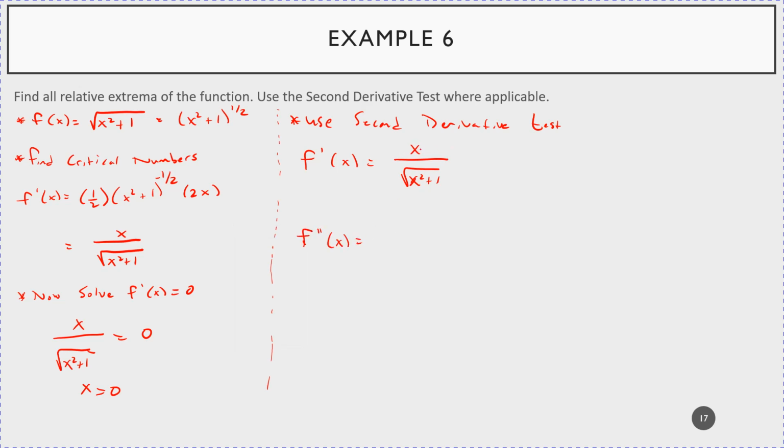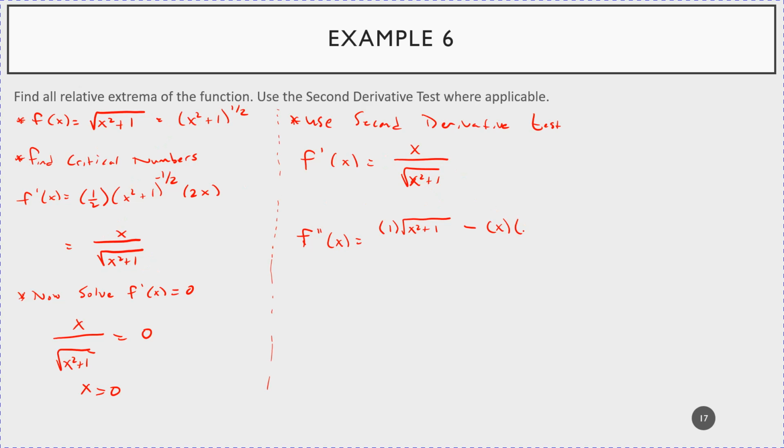So it's the derivative of the numerator, which is 1, times the denominator, which is the square root of x squared plus 1, minus the numerator times the derivative of the denominator. Okay, so you're going to have to chain rule this, right? But we already know what the derivative of this is, because that's what we found. Even if you need to chain rule it again, right?